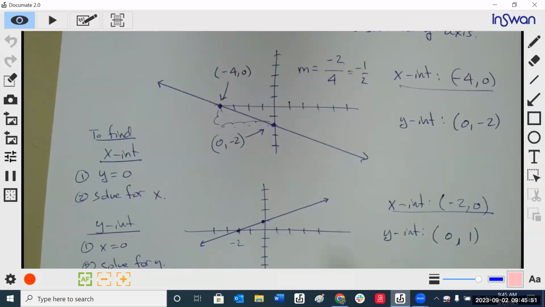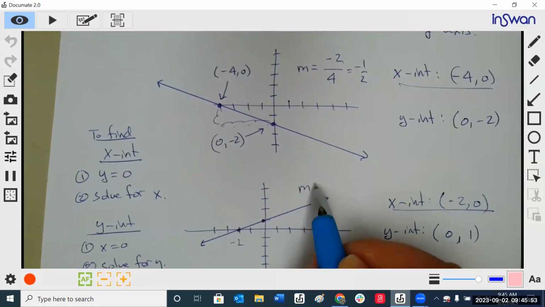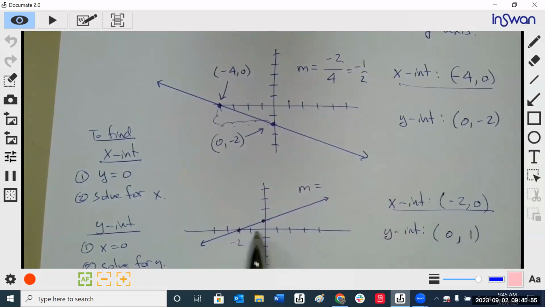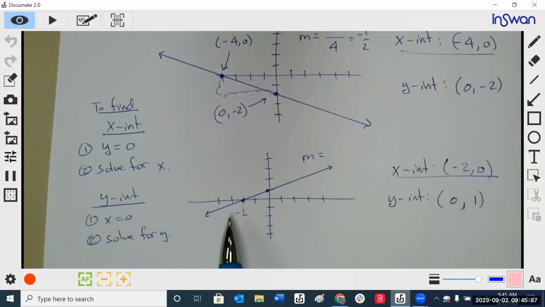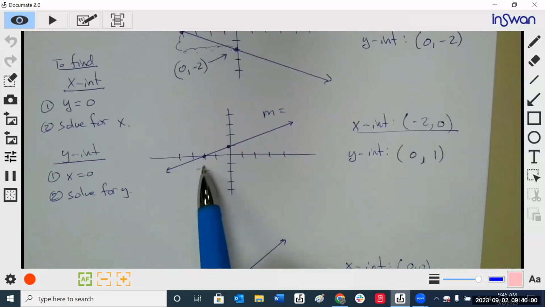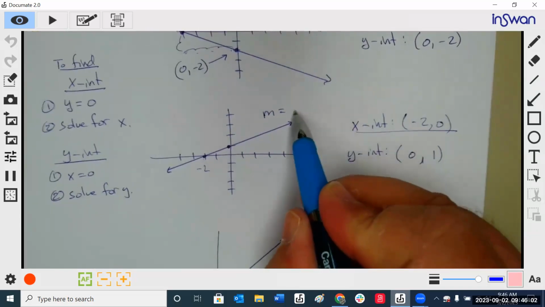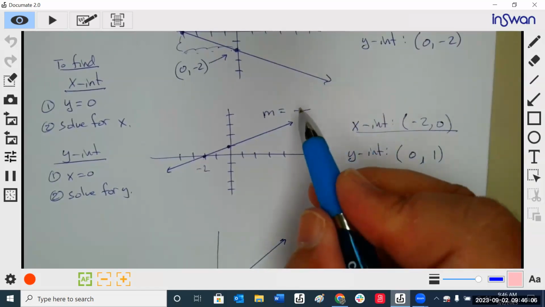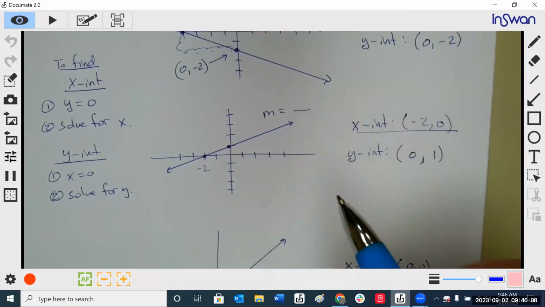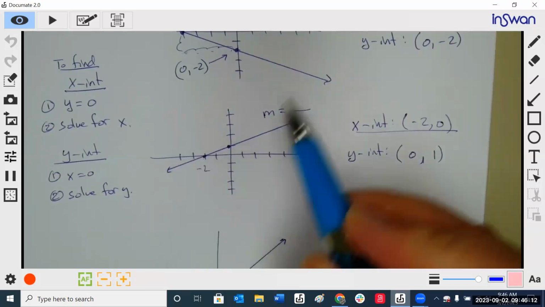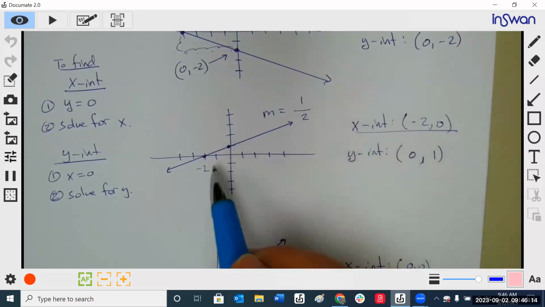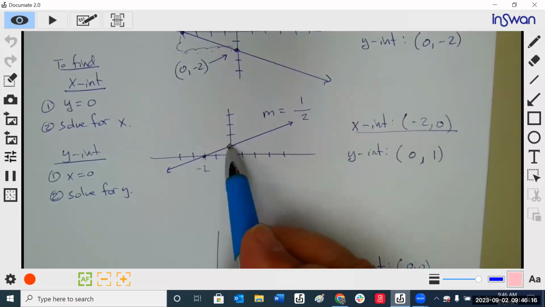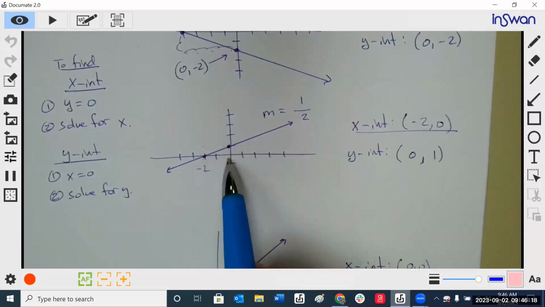So from this one to this one, what's the slope? Was it? Nope. One half, because you go up 1 over 2, because it's at negative 2 and this is 0.